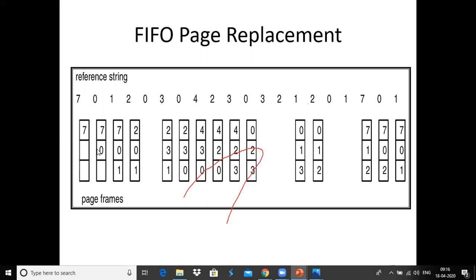Because initially all the frames are empty, 7 comes here at the first position. A page fault occurs because previously 7 was not in the frames. So one page fault occurs.